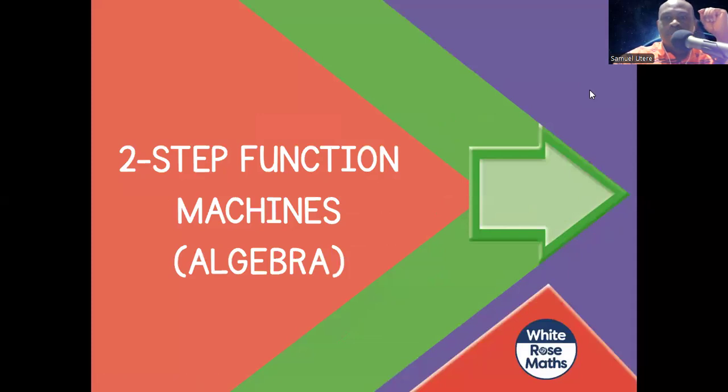So, in your previous lesson, you learned about two-step function machines using only numbers. You worked using inputs to find the outputs of two-step function machines, and you made progress to find out the inputs of those two-step function machines when you were given the output by using inverse operations.